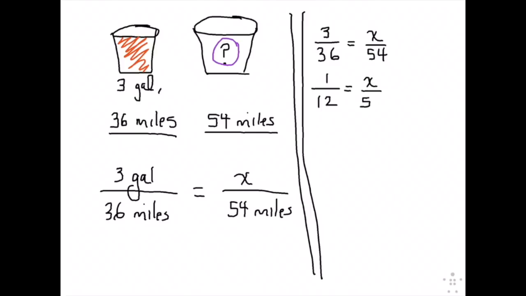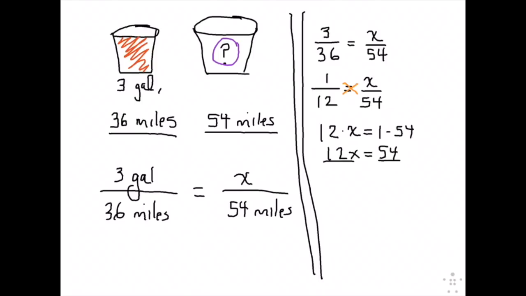So now I have a couple choices. I could use different techniques to do this. One common one is to cross multiply. In this case, I get 12 times x equals 1 times 54. So 12x equals 54.